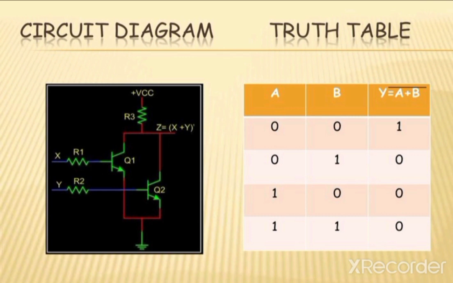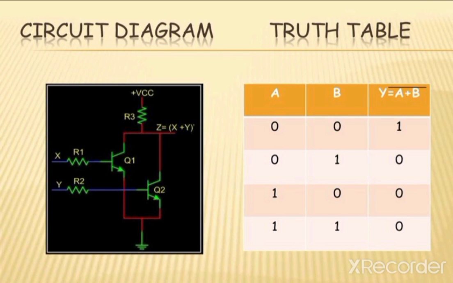So if the inputs are low, it will produce a high output because it uses a VCC supply at the output side, right? If any one input is high, then one of the transistors will go into saturation, or you can say it will go towards the cutoff region. Then it will produce a low output.